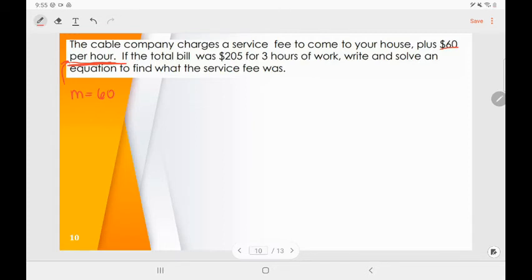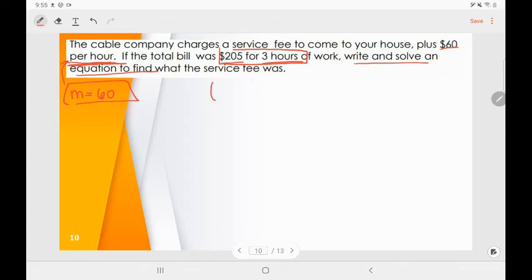If the total bill was $205 for 3 hours of work, write and solve an equation. Okay, we're going to go ahead and write and solve our equation. So I have my rate of change. Now, this information right here is a specific snapshot in time. They're saying, hey, for $205, they work 3 hours.